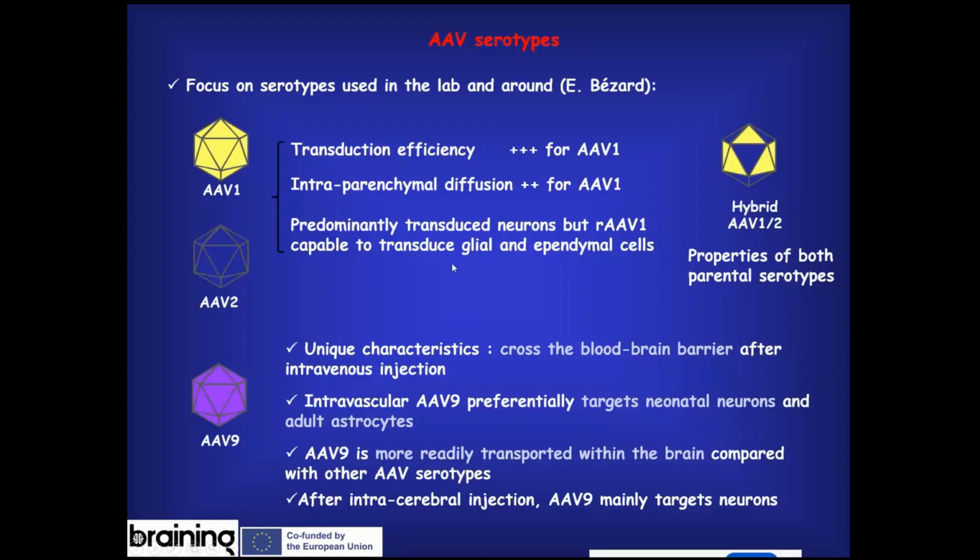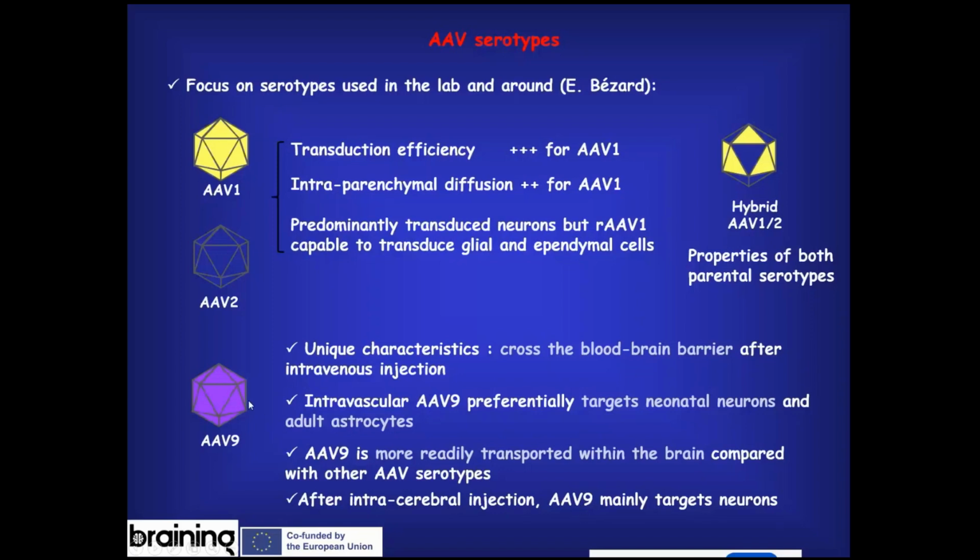However, this is not needed anymore because there is this magic AAV9 now. As a unique characteristic, it can cross the blood-brain barrier after intravenous injection. Intravascularly it can preferentially target neurons and adult astrocytes, and it is more readily transported in the brain compared to other serotypes. After intracerebral injection, it mainly targets neurons.